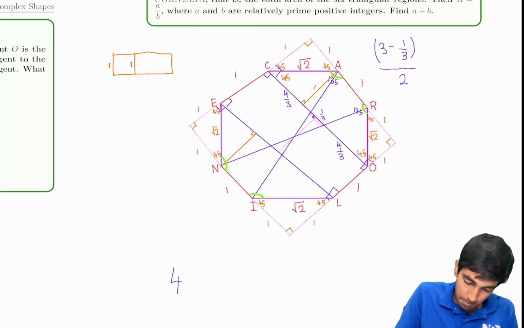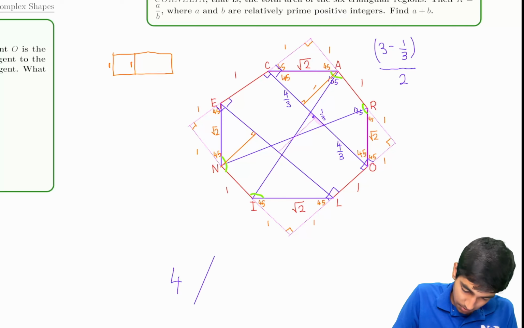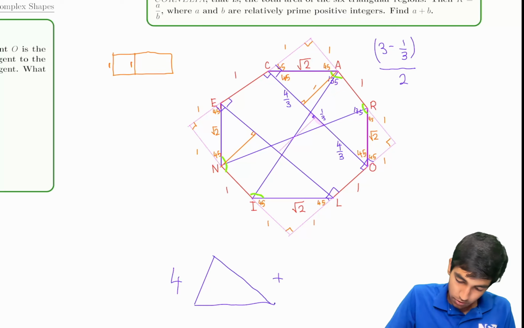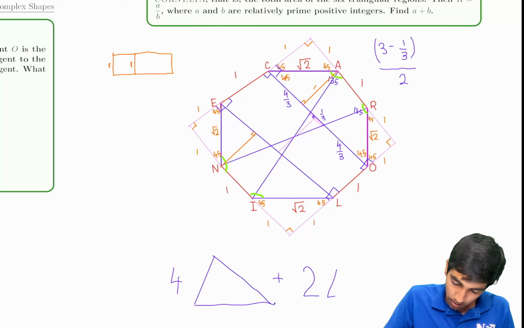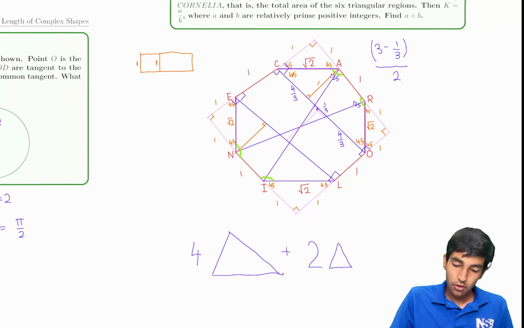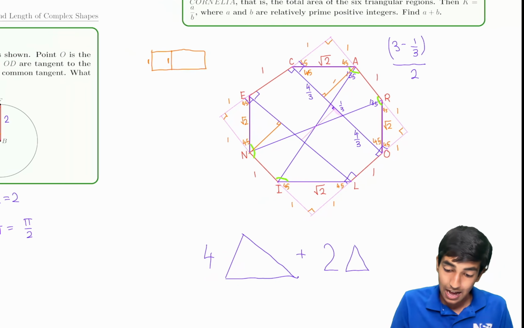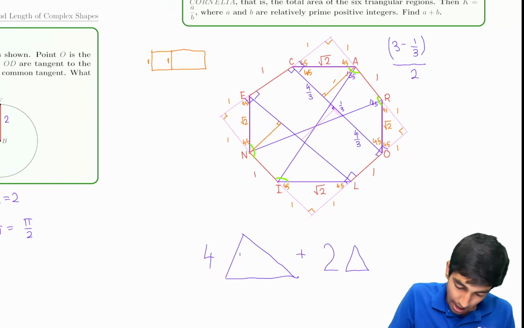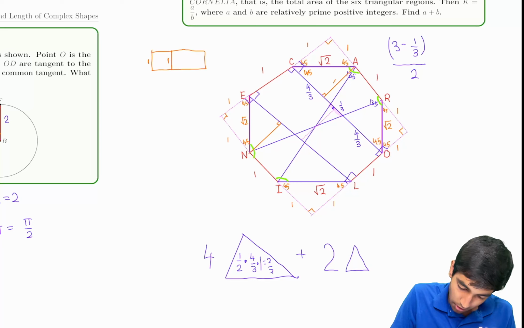We have 4 big triangles. And we have 2 small triangles. The 4 big triangles each have an area that's half times 4/3 times 1, which is 2/3.